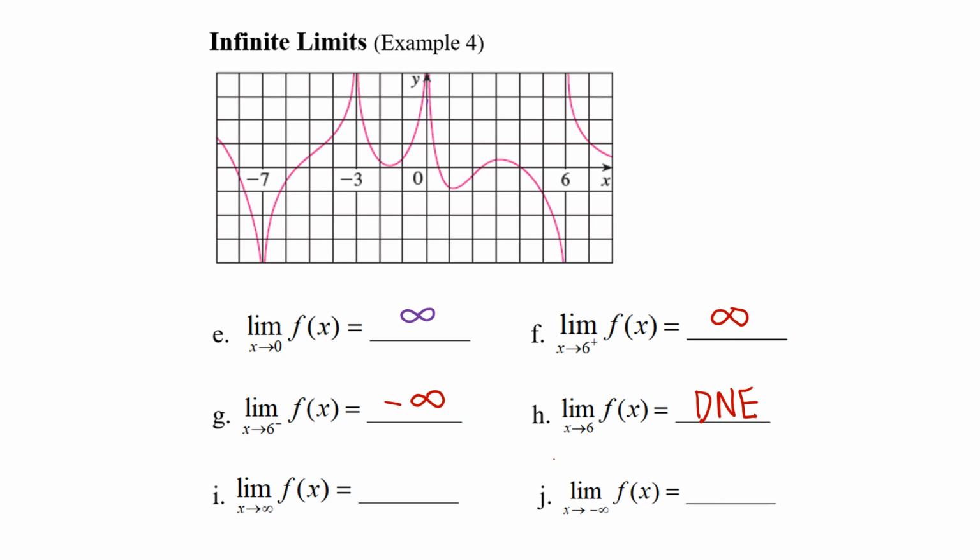Now we have the limit as x approaches infinity of f of x. That means as x is getting closer and closer, but never can actually reach infinity, what is happening to my outputs? As I'm going in that direction towards infinity, what is happening to my outputs?